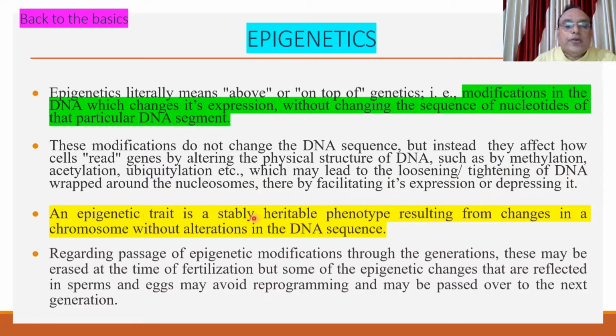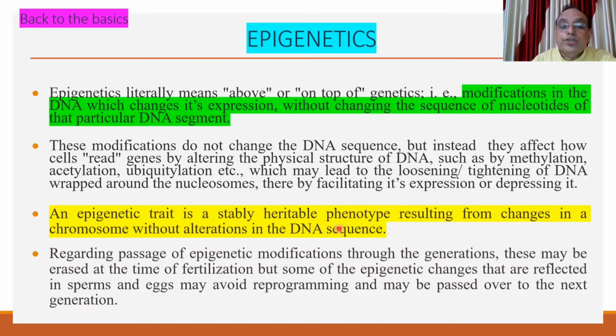An epigenetic trait is a stably heritable phenotype resulting from change in a chromosome without alteration of DNA sequence. So an epigenetic trait is a stable trait. It may be carried from one generation to another generation. So it is stably heritable too.